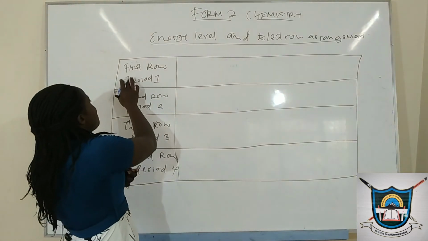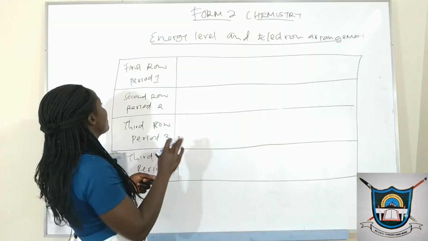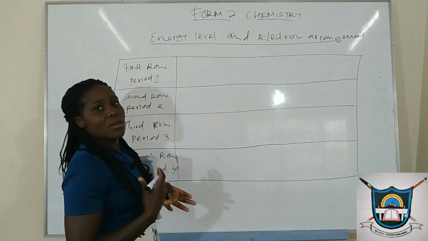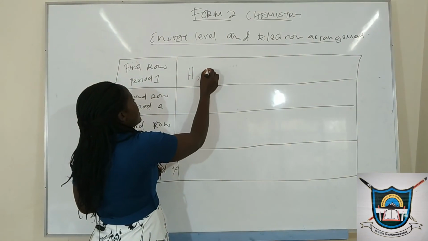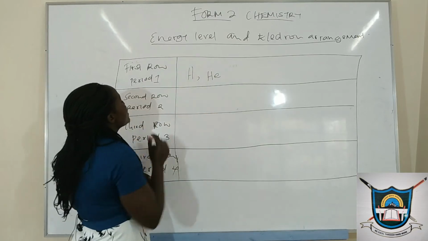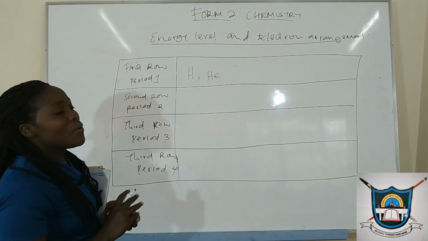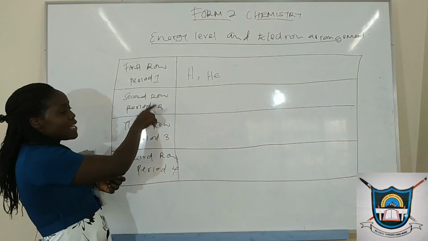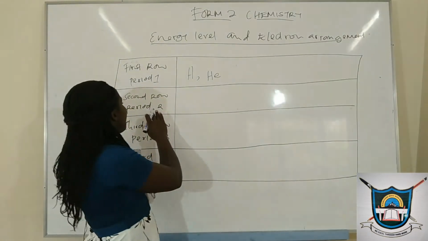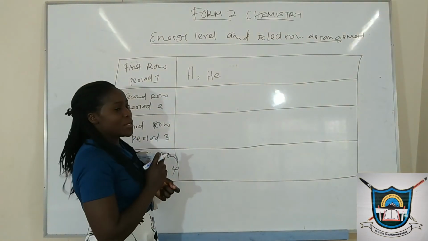So the first row of the periodic table will contain elements that belong to period 1, which is hydrogen and helium. The second row will occupy those elements that have 2 energy levels, that belong to period 2.